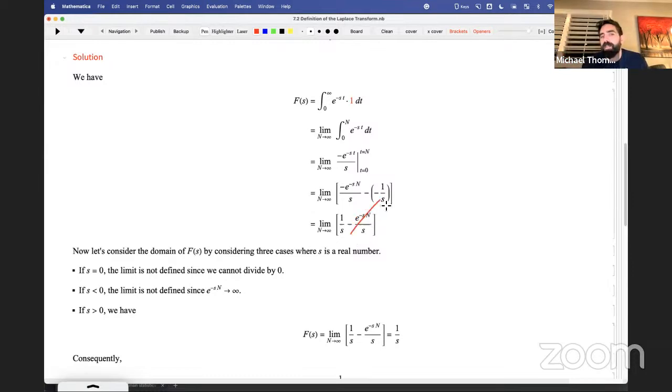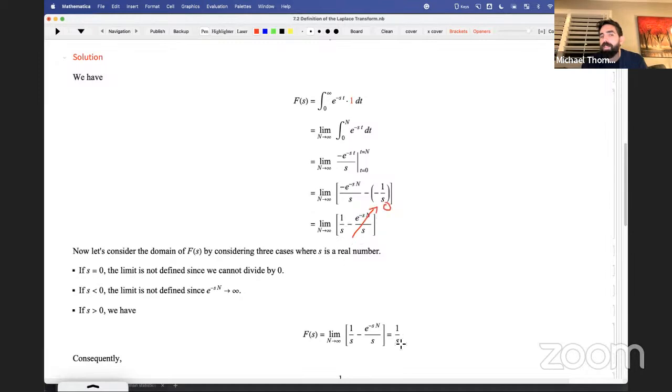So this causes this whole thing to blow up to infinity, which means the whole thing is worthless. Okay. Now, the part that works is this one, when S is greater than 0. If S is greater than 0, then the exponent there goes to negative infinity. And that means that this term right here goes to 0.